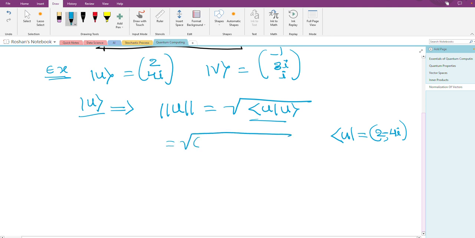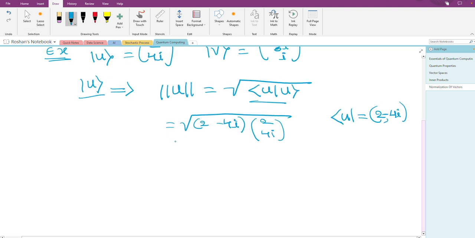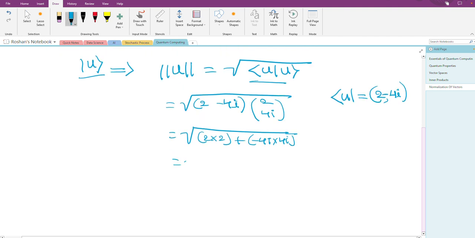Now we can simply substitute here 2 minus 4i into the vector u, which is 2, 4i. So 2 into 2 plus minus 4i into 4i. Correct, right? Then it will be 4 plus, calculating minus 4i into 4i is a little tricky.